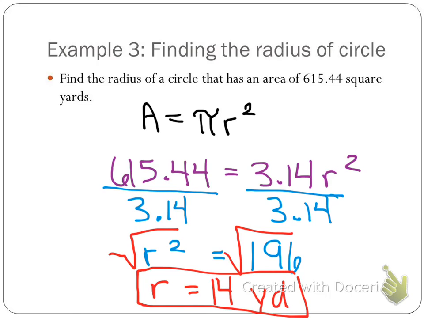Now, I do want to point out, too, that your book uses the approximation symbol instead of the equal sign. The reason they do that is because 3.14 is technically an approximation of the value of pi. I'm not going to be that specific when solving these problems with pi. I will say this, though.